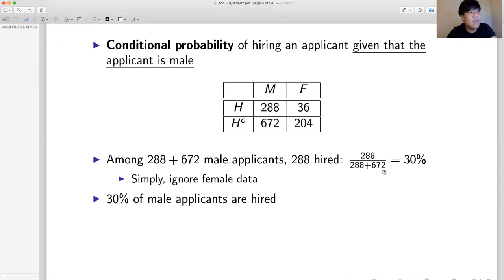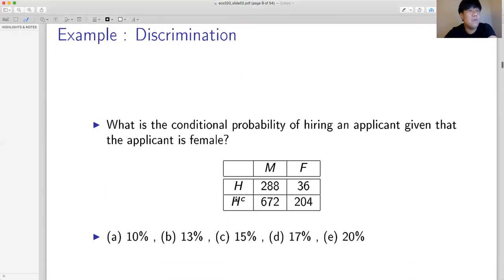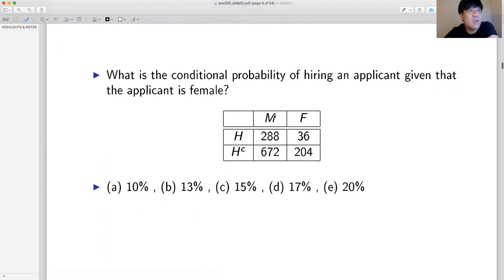Can you try to guess what would be the conditional probability of a female being hired? Please take your time, bring up your calculator, and try to answer this, okay? Okay, I'm going to give you the answer right now. We can ignore male, right? And how many females are there? 36 out of 240, right?